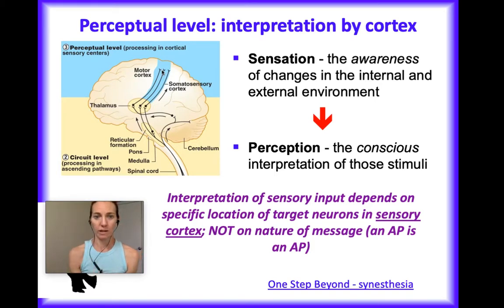So that's just one example here. This video link will take you to a neat video on synesthesia where we really see a disorder of this perception where people can sometimes hear colors or they will see tastes. And it's a really interesting crossover of this perceptual input.